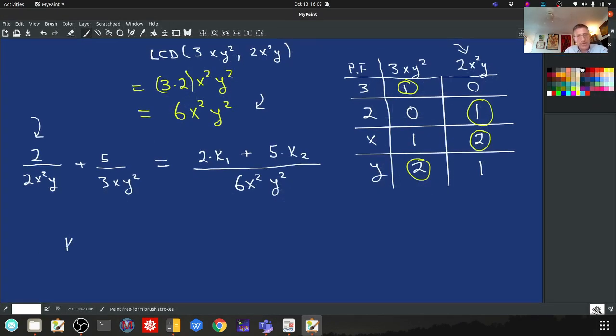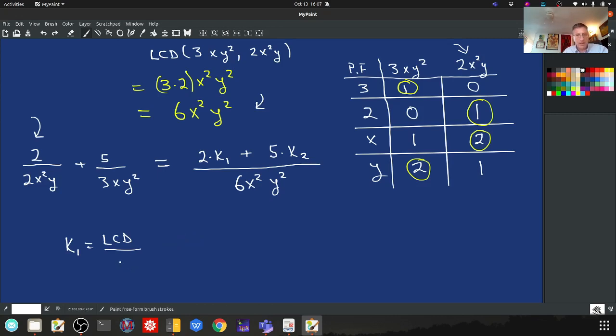Well, by the formula, K1 is equal to my LCD divided by my first numerator, which is 2. So my LCD is 6x squared y squared divided by, it's not divided by my numerator, sorry.